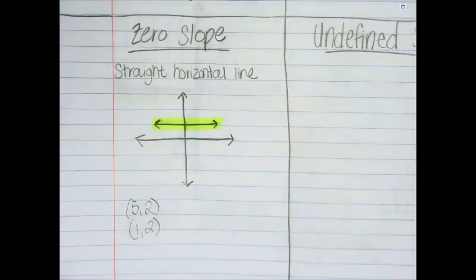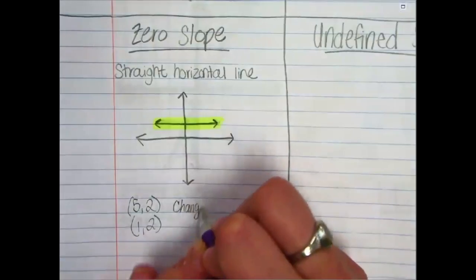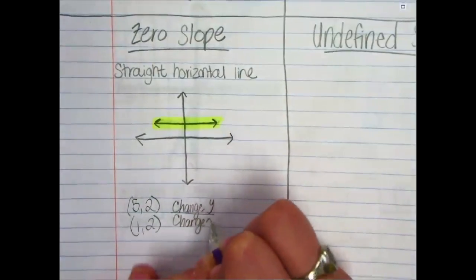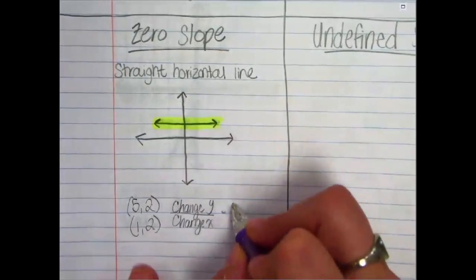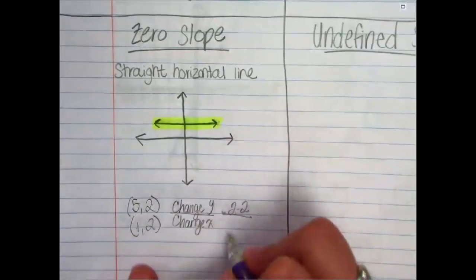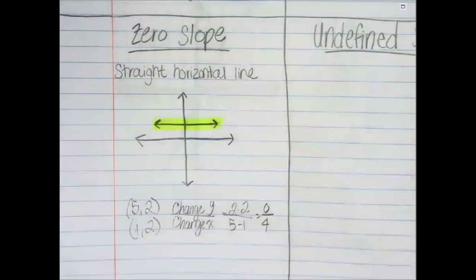Connor, I'm going to come back to what you said and how there's not going to be any change on the y-axis. If I wanted to find the slope, change of y over the change of x, I have change in y, 2 minus 2, change of x, 5 minus 1, equals 0 over 4.